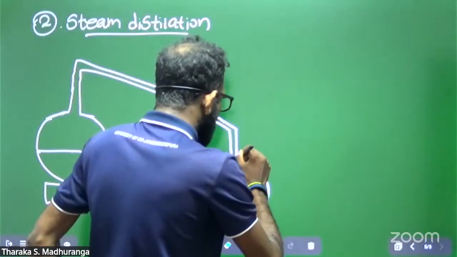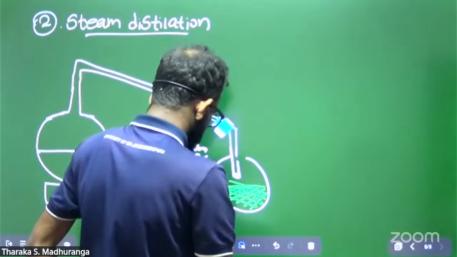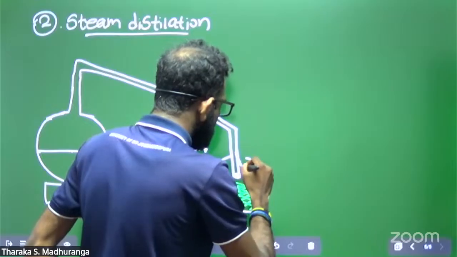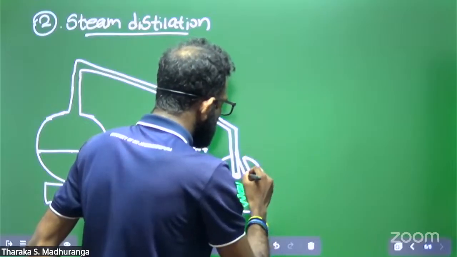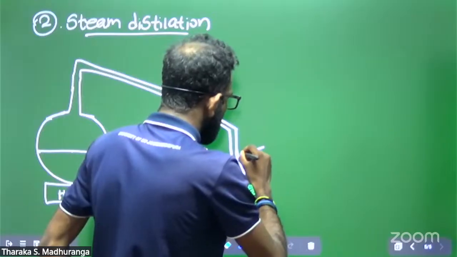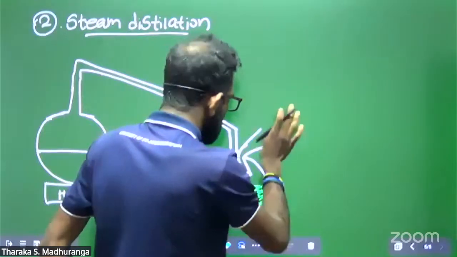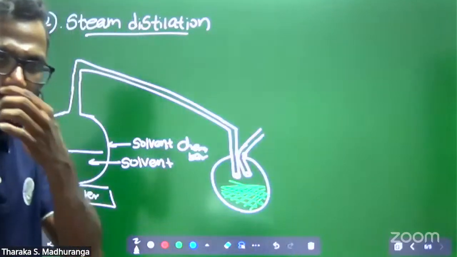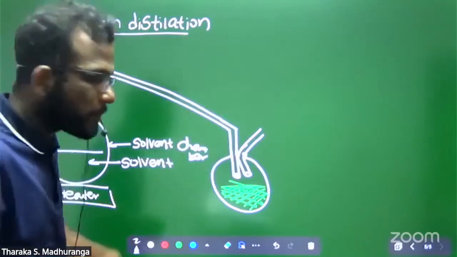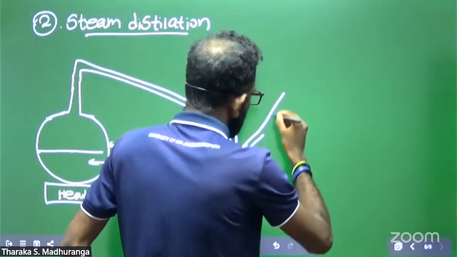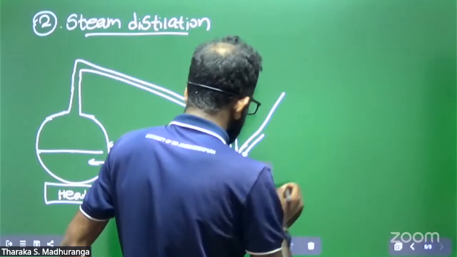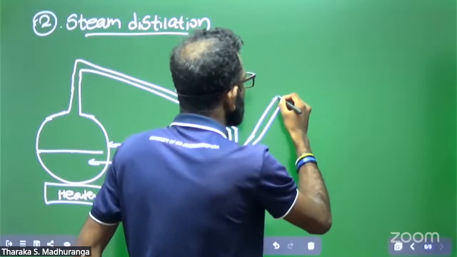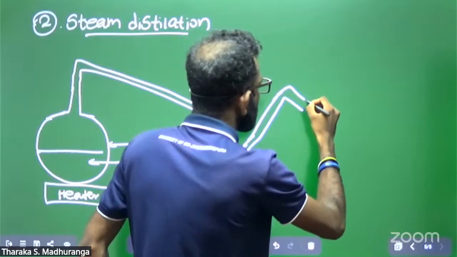Then we need to get another line from this chamber and connect it to a condenser.